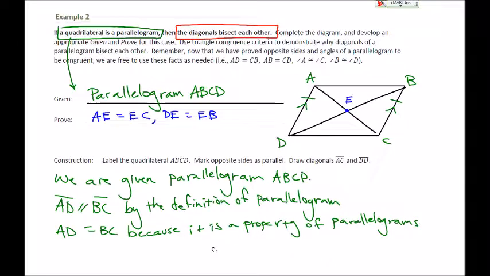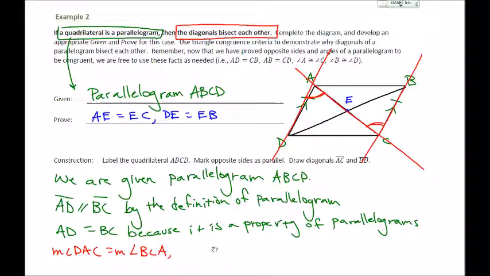I will next use some properties of parallel lines. If I think about AD being parallel to BC, and I think about AC being a transversal, then I have some alternate interior angles. This angle, angle DAC, is an alternate interior angle with angle BCA, so they must be equal in measure because the lines are parallel.